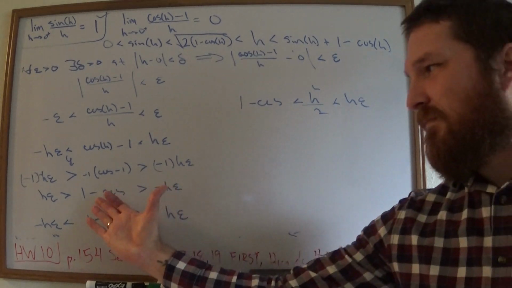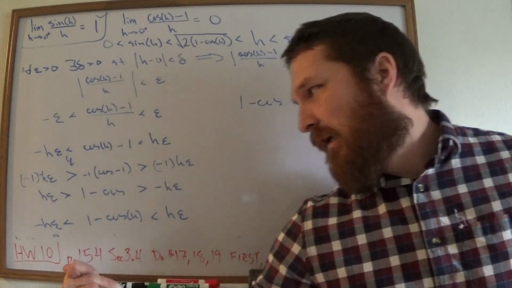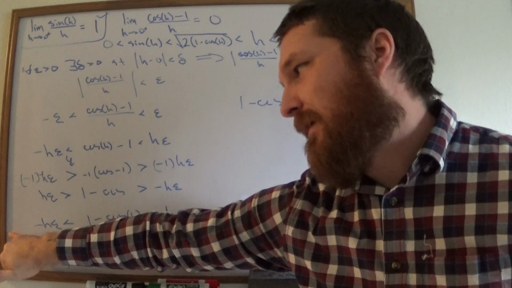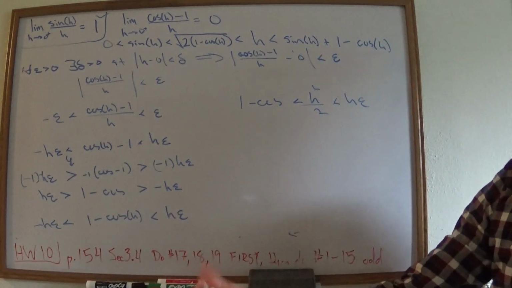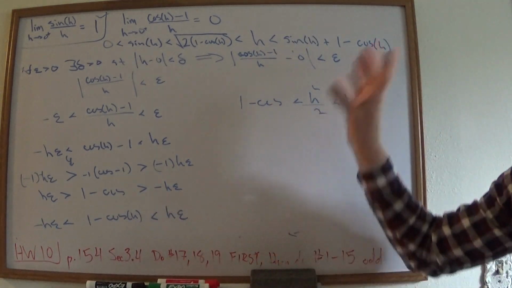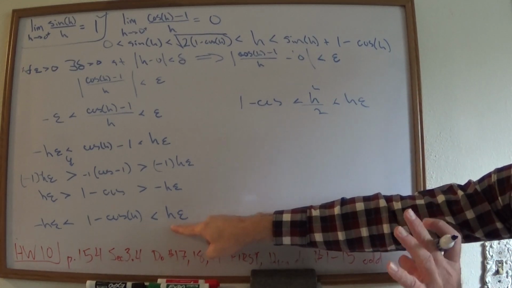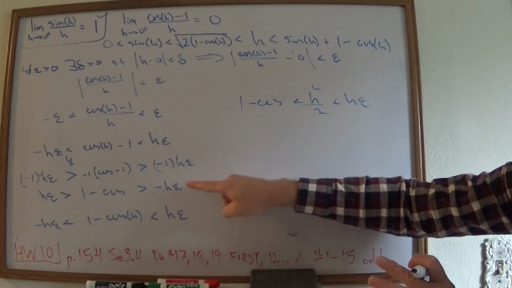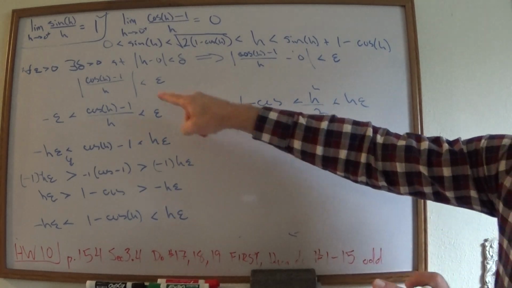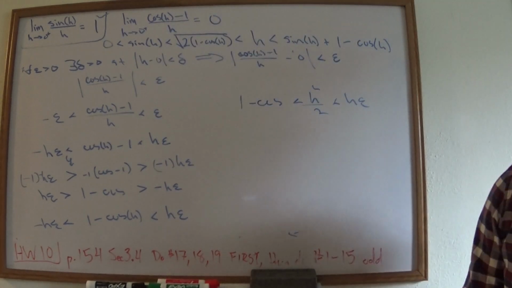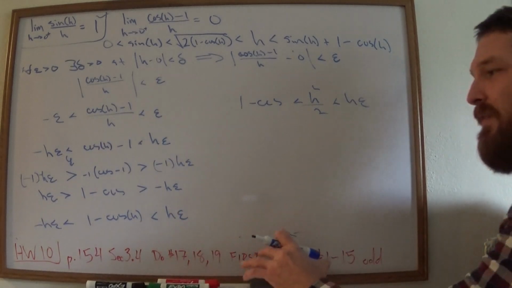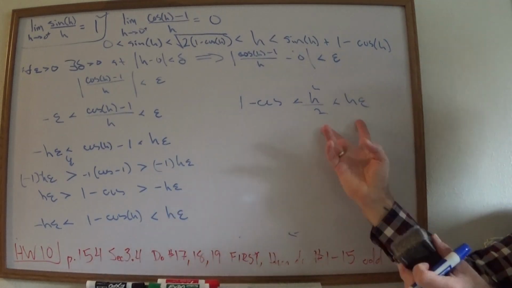I just rewrote it that way, because that's the way my brain thinks about it: on the left you're less than, on the right you're greater than. In other words, if we could show that this is true for some value of h, then we get this, this, this, which is what we want to show.